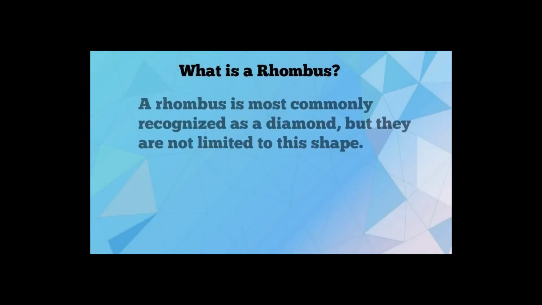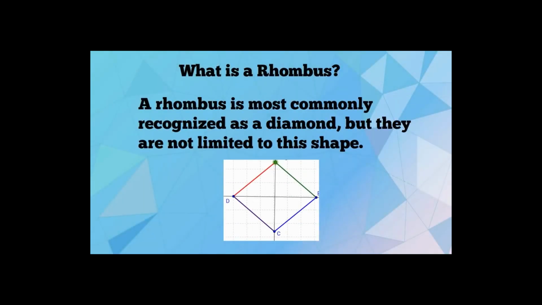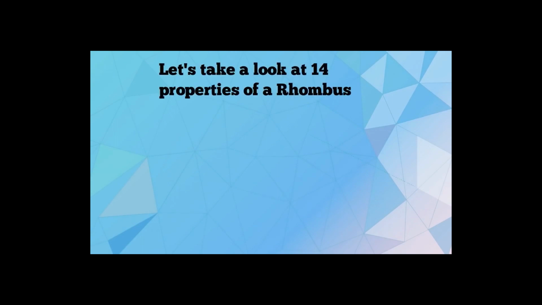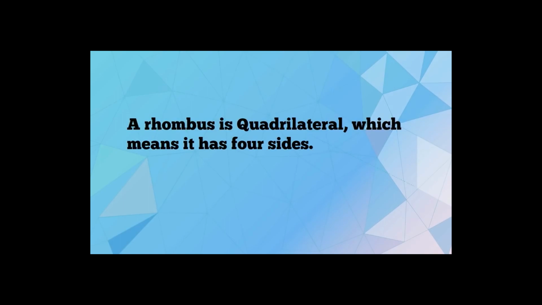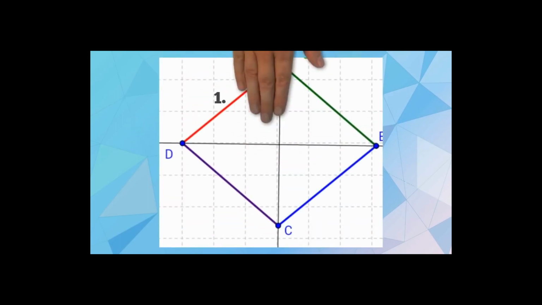What is a rhombus? A rhombus is most commonly recognized as a diamond, but they are not limited to this shape. Let's take a look at 14 properties of a rhombus. A rhombus is a quadrilateral, which means it has 4 sides.